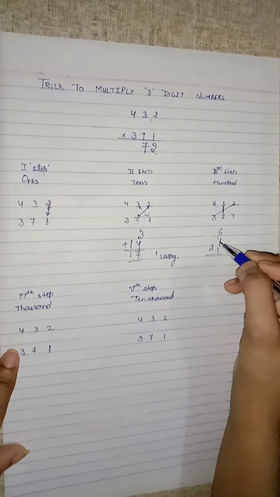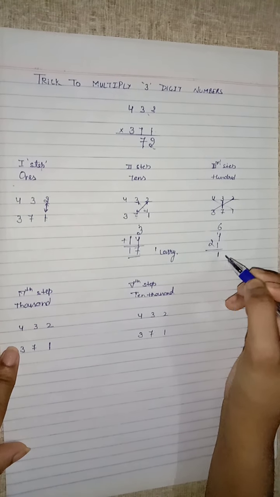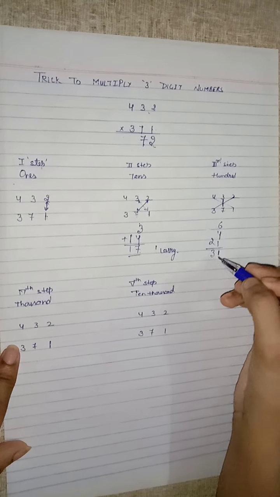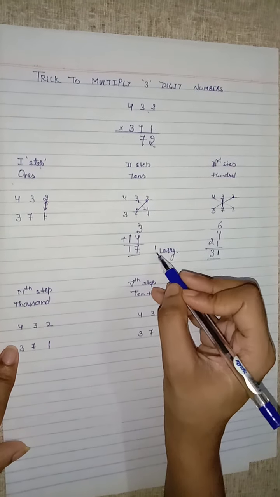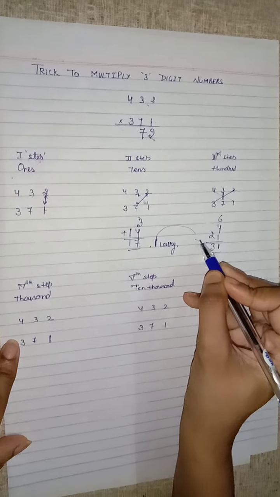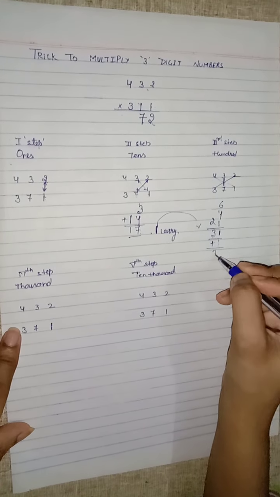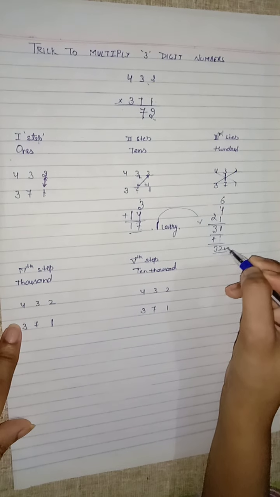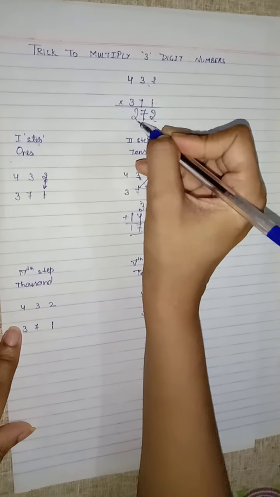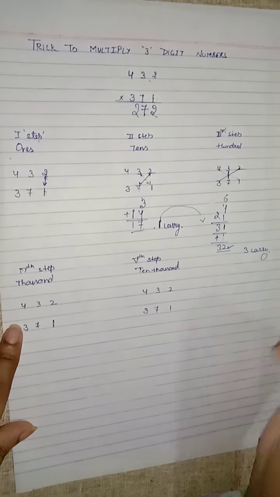Now it is 6 plus 4 is 10 plus 21 it is 31. We can see that we have a carry here, so this carry will be added in that number. So plus 1 it is 32. Now we will write 2 only in our answer and here 3 is carry.